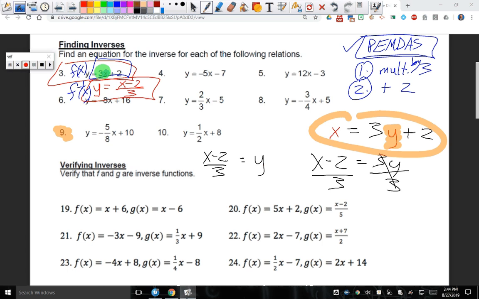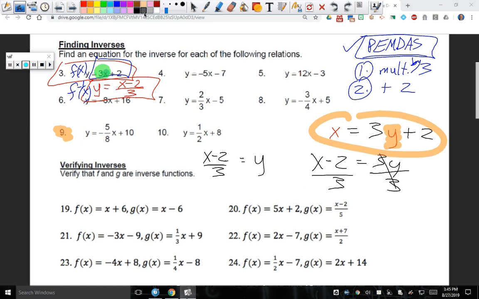All I did was list the steps of normal forward PEMDAS order. And in case you haven't realized this by now, when you solve for a function, or when you solve for a variable, aka get x by itself, get y by itself, all you're doing is the inverse process. You're doing everything backwards like the car coming backwards. That's what's actually happening.